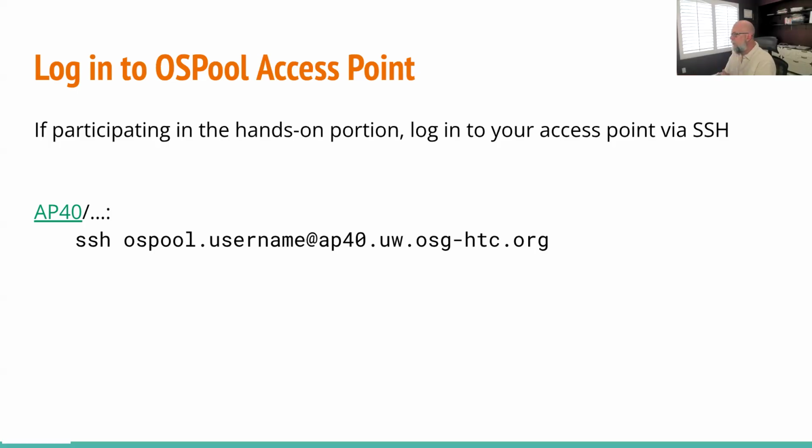All our access points do have Apptainer. If you're at your own lab, it may or may not have it. But as I said, all the OS pools, so AP40, 41, and so on, they all have it. So if you have one of those accounts, log in or just follow along when I show you how to do it.